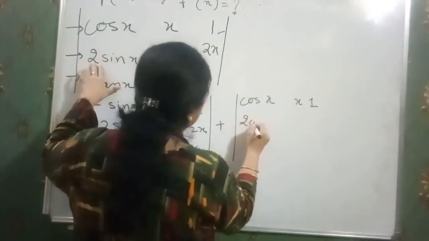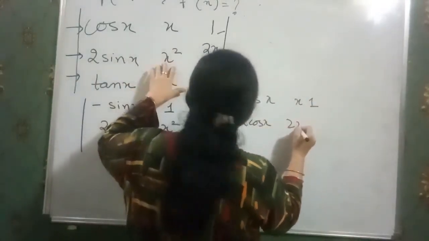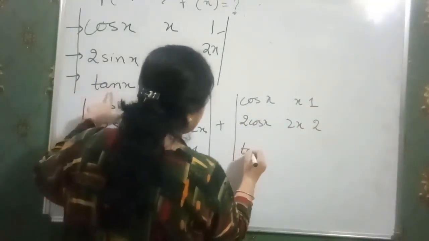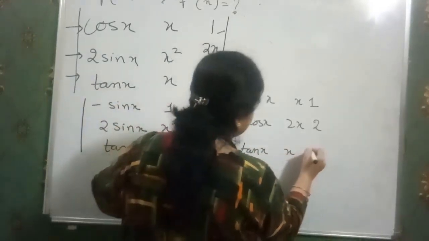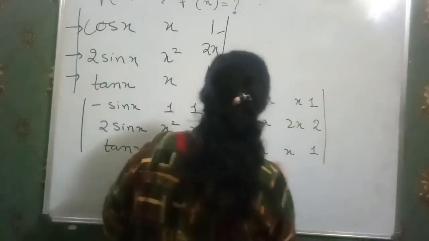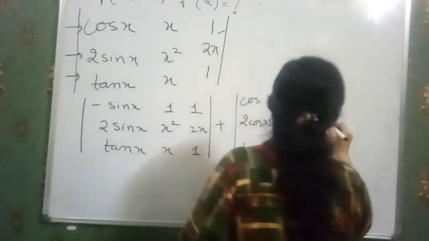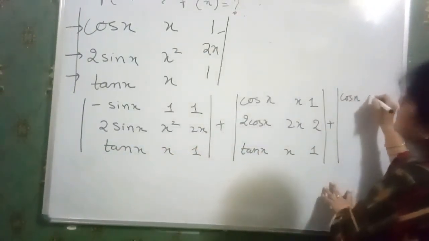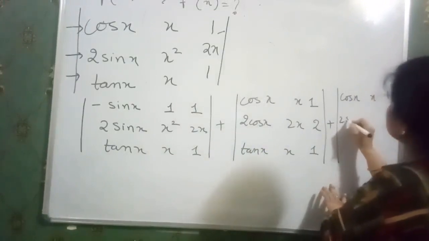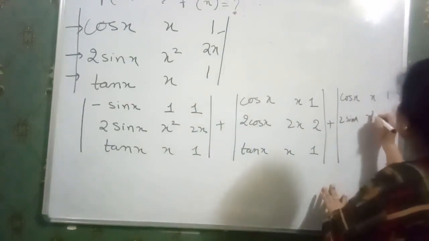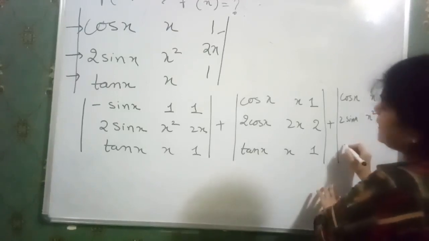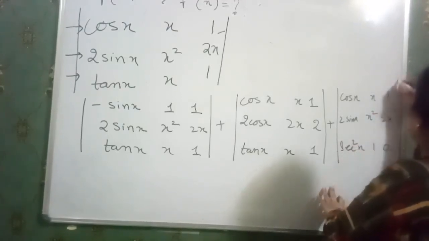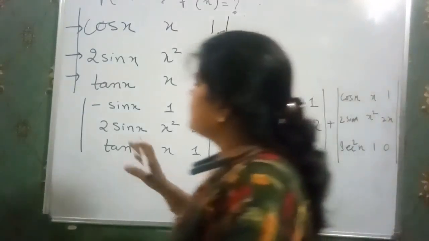We have cos x, 2 sin x, tan x; then 2x, 2, 0; then x, 1, 1. In the last one we write cos x, 2 sin x, tan x; x square, 2x, 1; and 1, 0, 0.